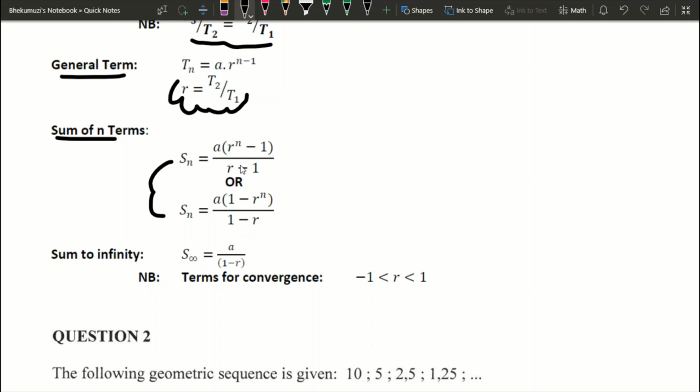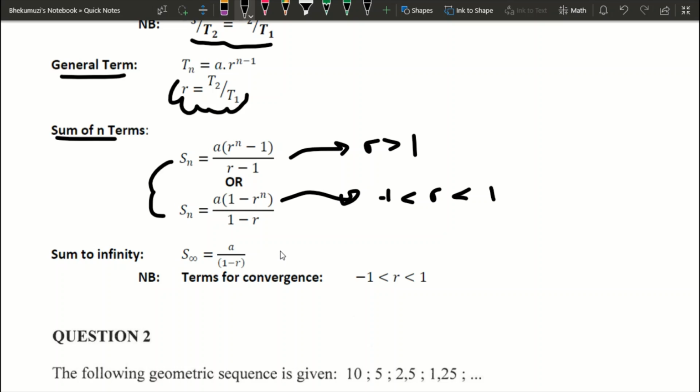But remember, it does not actually matter which one you use, because the way they put r, in front or behind, will not really affect the answer. Generally, one you would use for r that is greater than 1, and the other for r between -1 and 1.